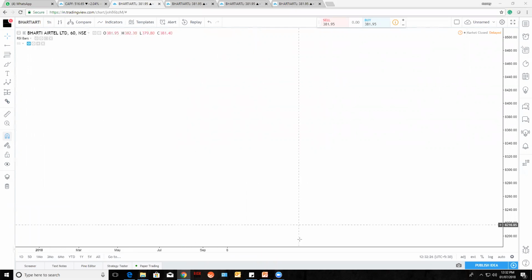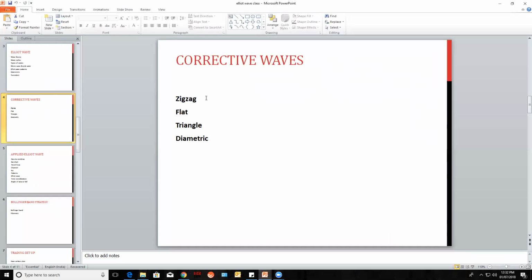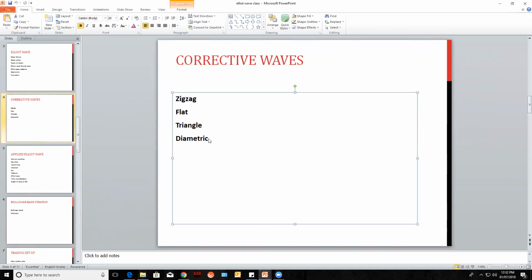There are mainly three types of corrections: zigzag, flat, and triangle. Diametric is not in Elliott wave, but I'll tell at the end what the diametric pattern is. So as of now, there are only three types of correction: zigzag, flat, and triangle.